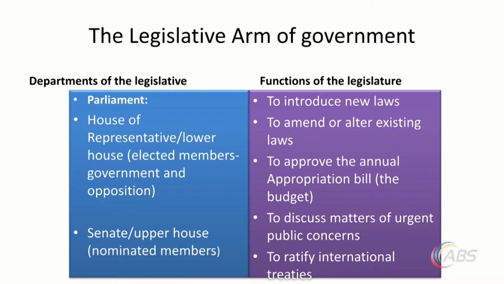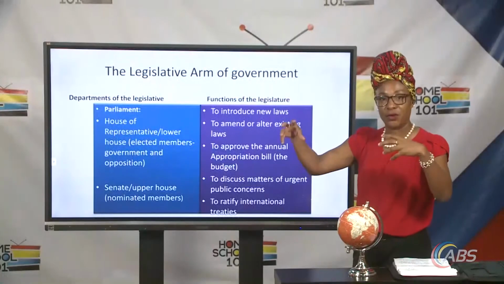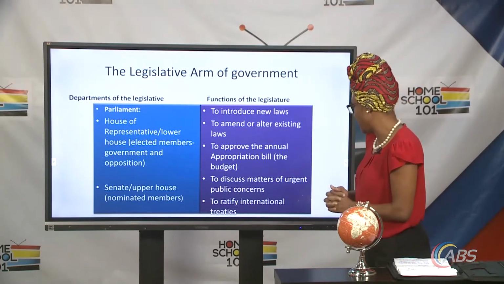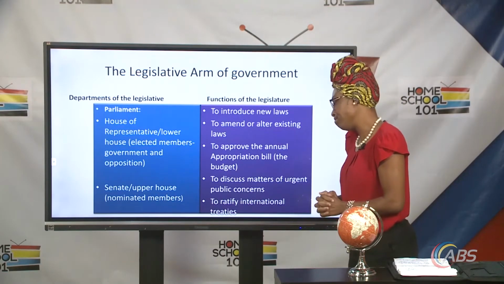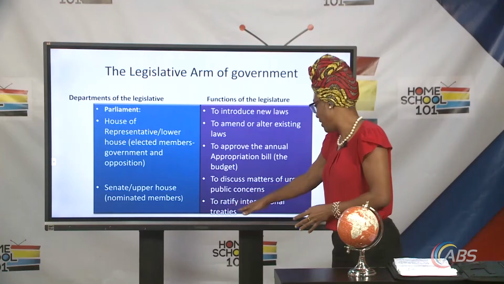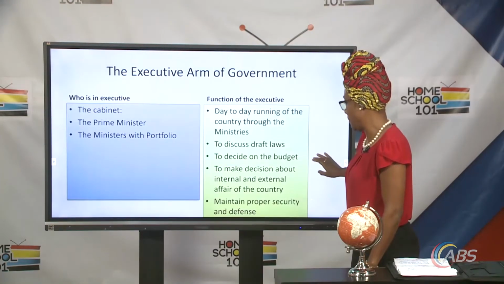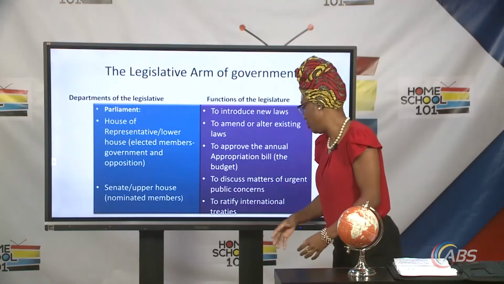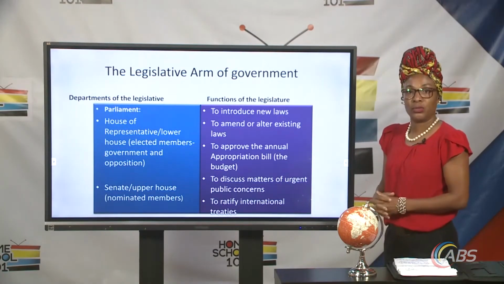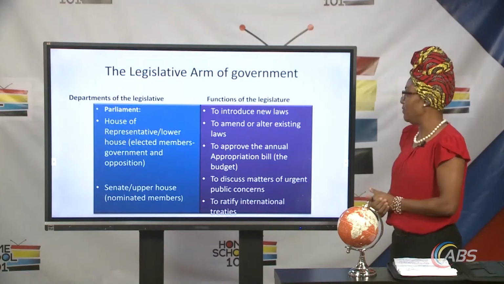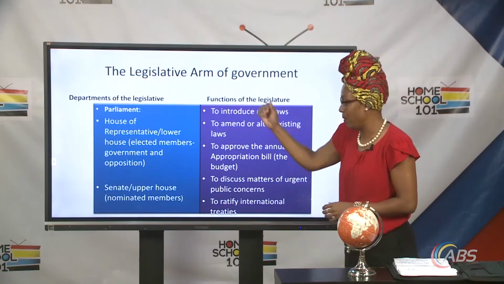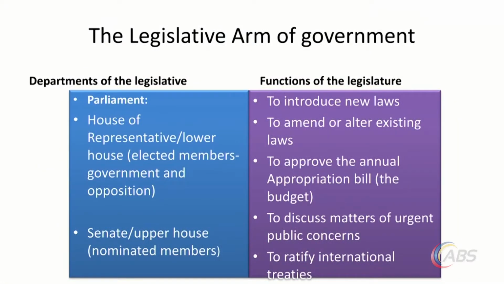So these are the matters that come up that are urgent, and they have to address them immediately so everything can be put in place. Okay, they also ratify international treaties. So students, once again, the legislative arm of government consists of the upper and the lower house, and these are the functions of the legislative arm.